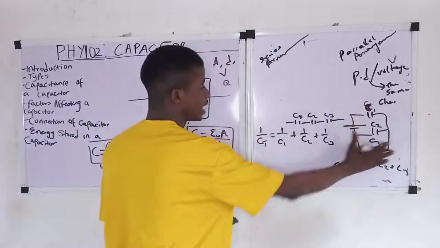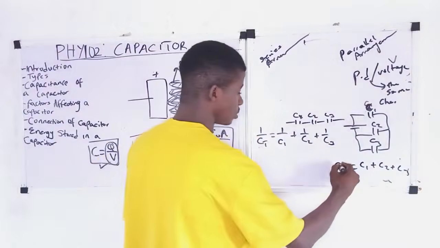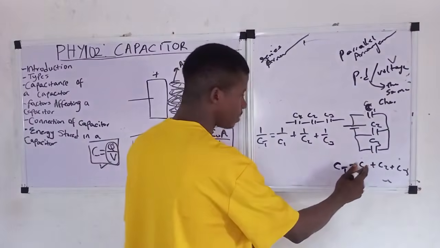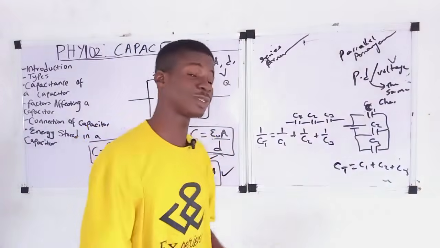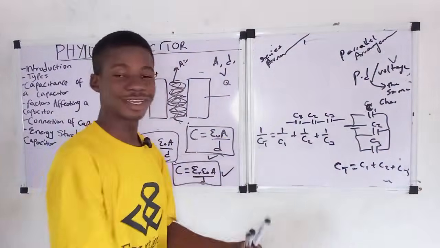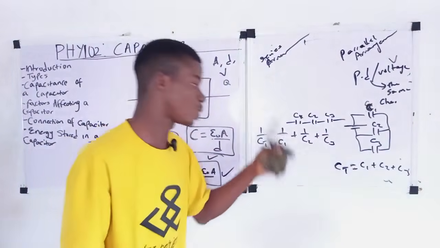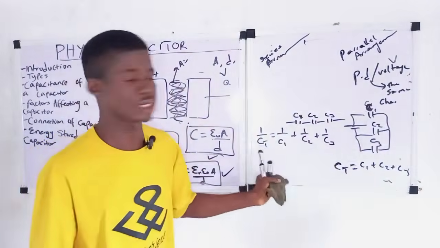So in parallel arrangement, total capacitance is equal to the capacitance of the first capacitor plus the capacitance of the second capacitor plus the capacitance of the third capacitor. So it's just straight addition. Then the one under series is 1 over the capacitance of the first capacitor plus 1 over the other one plus 1 over the other one. So now we get the total.